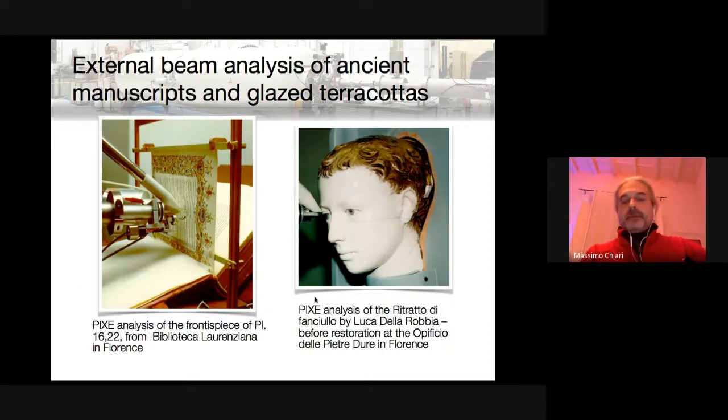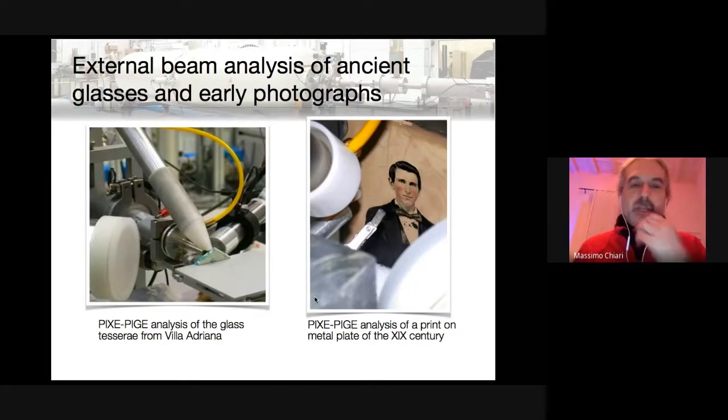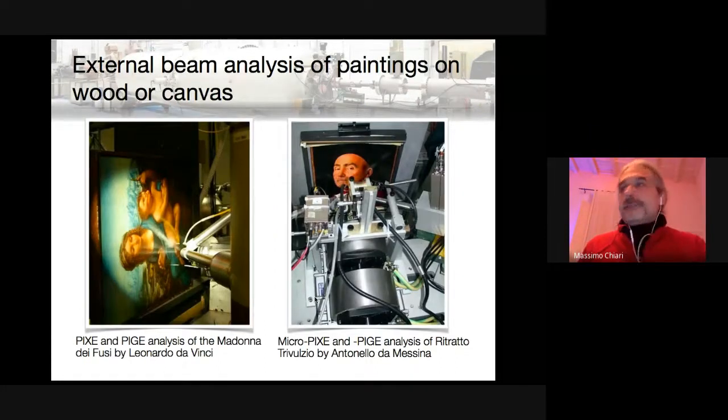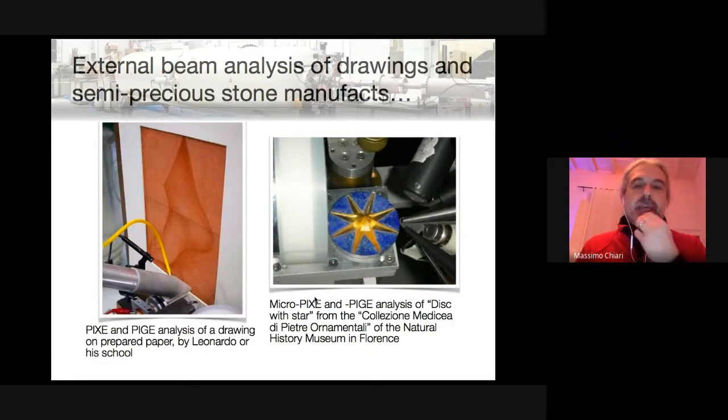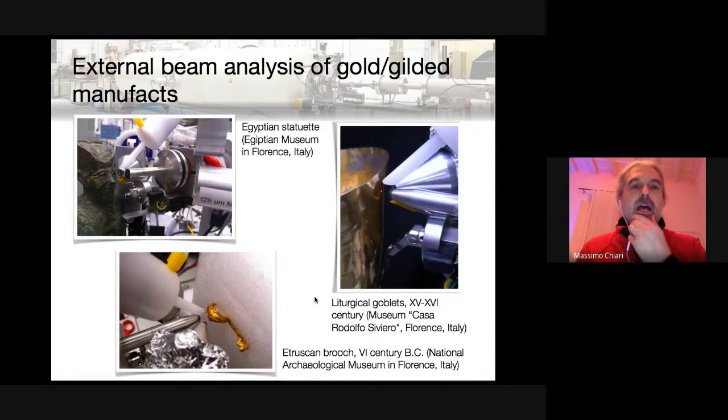I'm putting here a lot of pictures from the past and present applications of external beam analysis in cultural heritage, on different kinds of materials, just to show you that large objects, small objects, paper, ceramics, metallic objects, paintings, oil on canvas or on wood, drawings on paper, semi-precious stones like lapis lazuli, and a wide selection of gold or gilded artifacts, from large ones to small ones, can be analyzed.